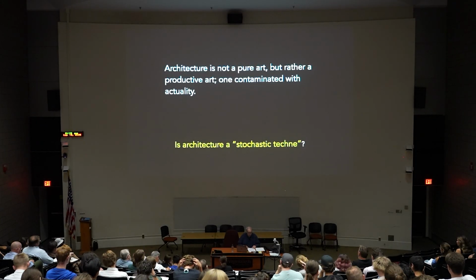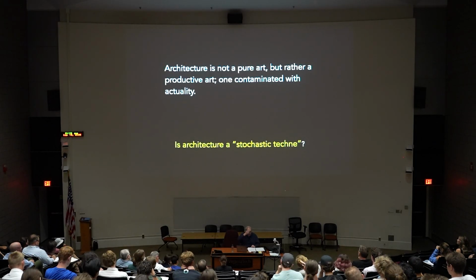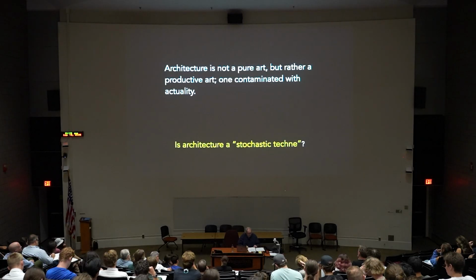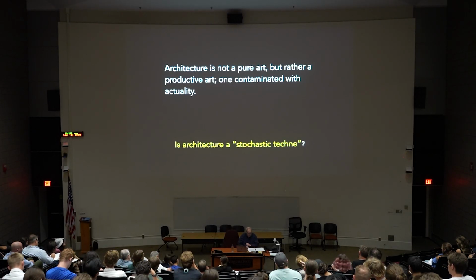Architecture as a discipline is uniquely positioned and it exists at the fulcrum of this art, representation or science, instrumentality dichotomy, and could both suffer and flourish from the results of the battle over this dichotomy.